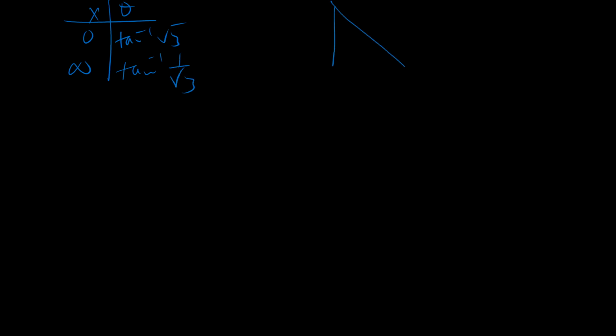So we have our limit, x to 0, theta is arctangent of root 3, and x tending to infinity is arctangent of 1 over root 3. And so we can draw something like that. For this case, we have root 3 over 1.